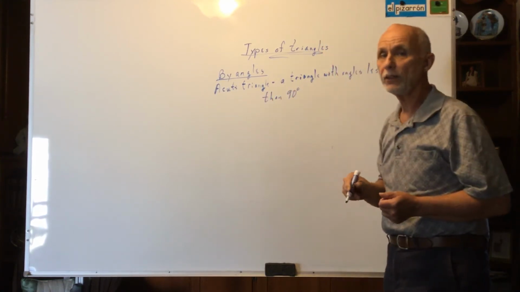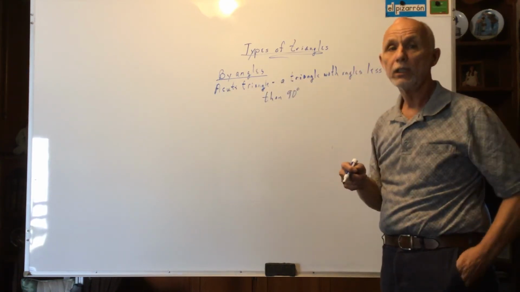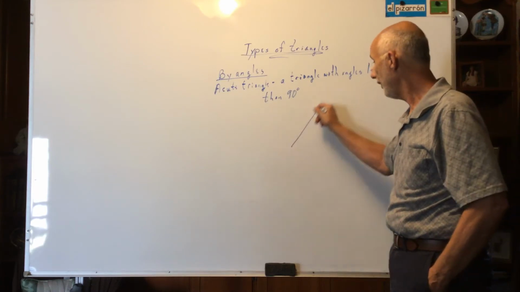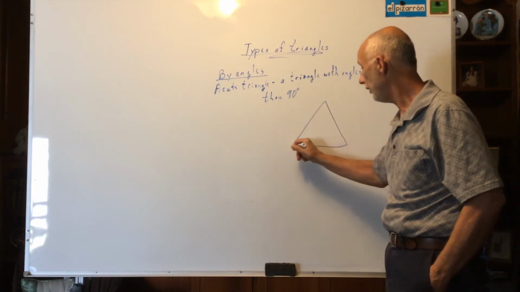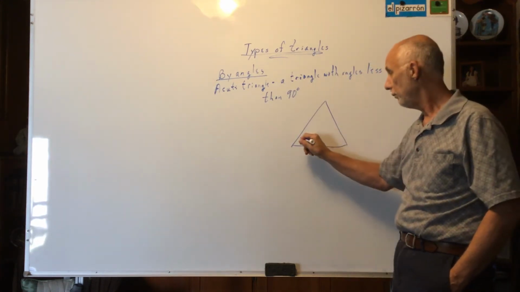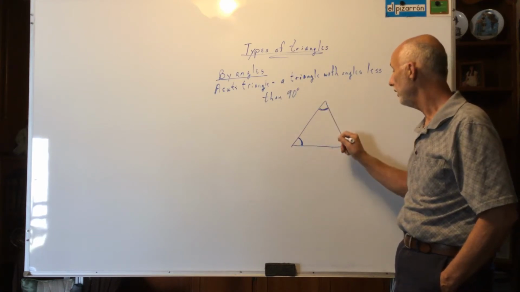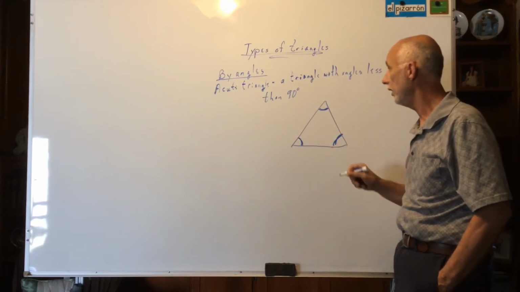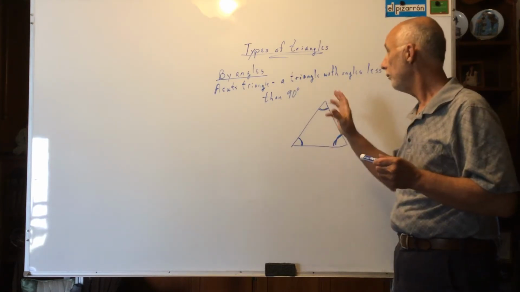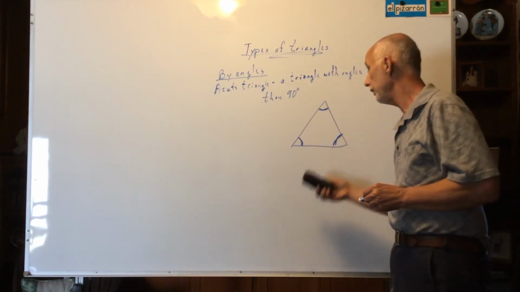You know an acute angle is an angle less than 90, so an acute triangle is a triangle with all three angles less than 90. I think the kind of triangle most people think about when they say triangle is an acute triangle, because this angle is less than 90, this angle is less than 90, and this angle is less than 90. So an acute triangle is easy to notice because it has all three angles less than 90 degrees.